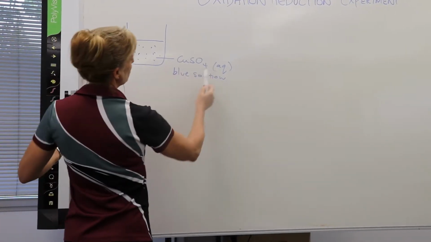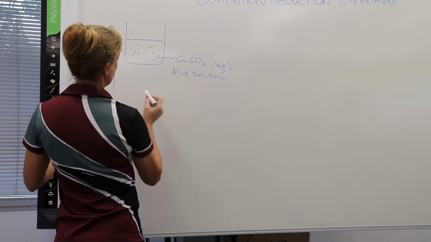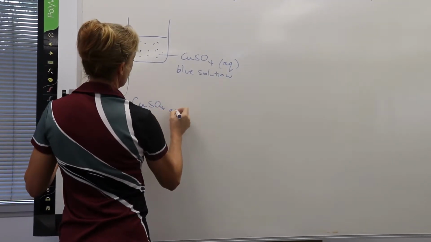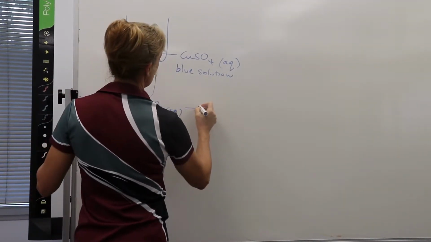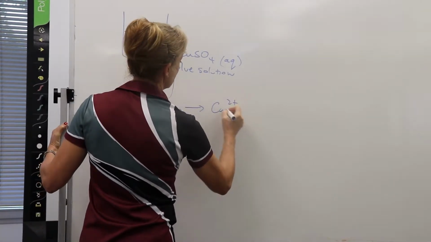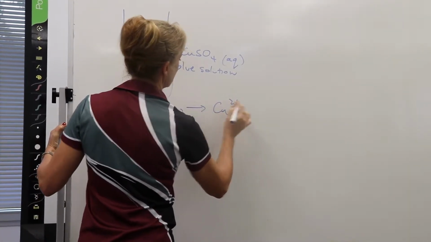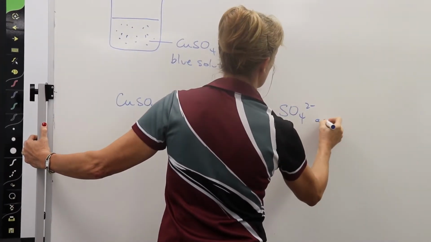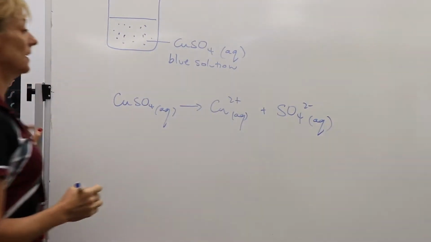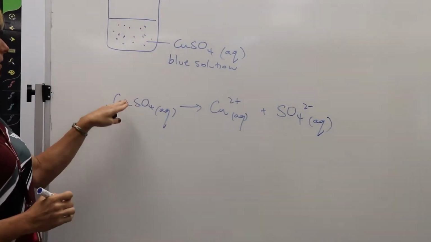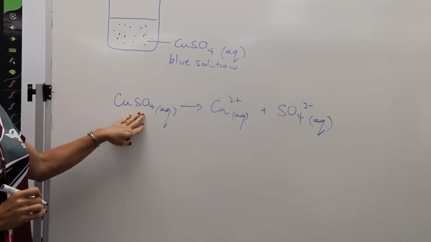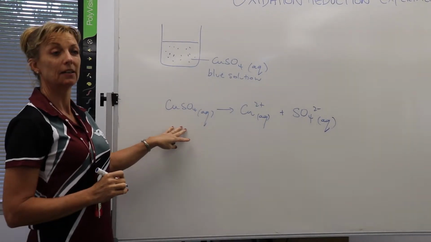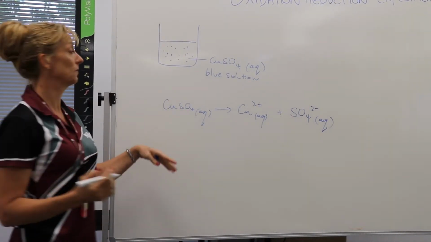You could rewrite that formula for copper sulfate as Cu2+ aqueous, floating around separately, and SO4, which is a polyatomic ion that you have to know off by heart, separately floating around. That's what's actually floating around in there. We just represent it like this because it's easy. So when you see that word aqueous, it means these are floating around separately as ions. You can always ask questions if you want.